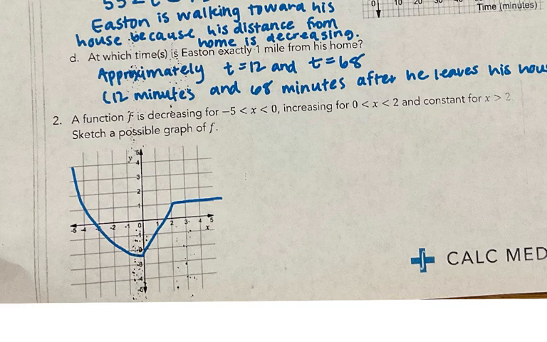And then after 2, you have to be constant. But it doesn't have to be this. You could make it a line here, all the way to 0. And you could just make it barely increase and then increase very fast. And then it's just going to have some of those same characteristics.